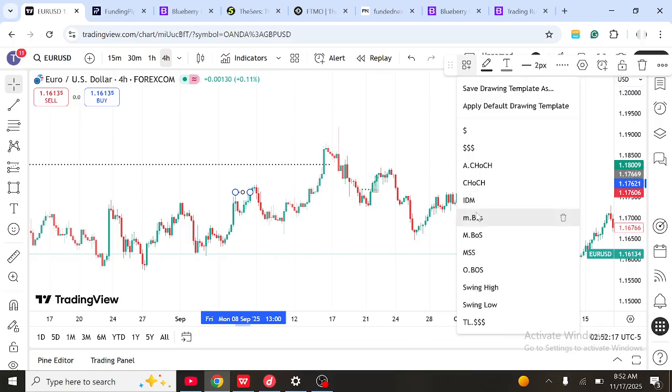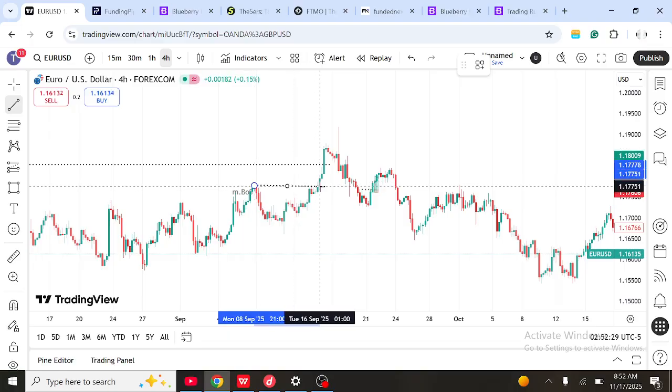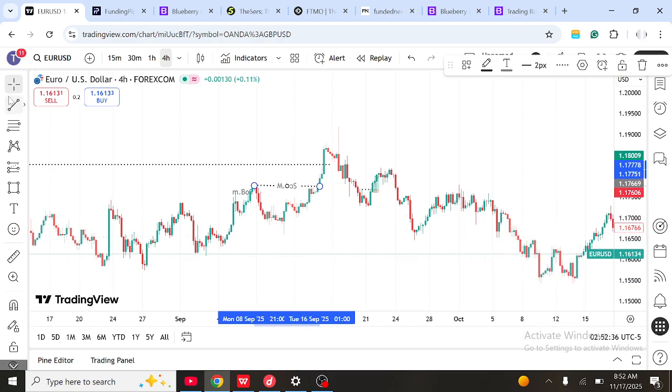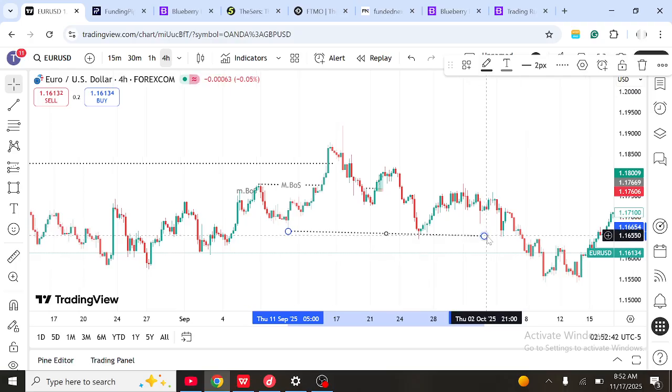Okay, so inside our overall minor and major break of structure, we have internal. So these are the internal. Okay, so this is the internal major break of structure. You understand? And remember that I said that anytime price closes below here, that is when we have change of character.